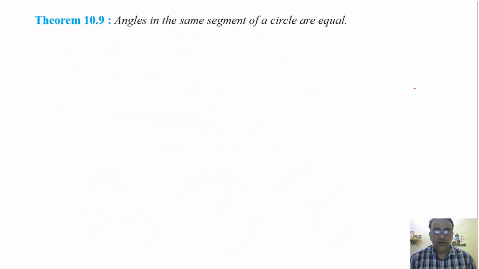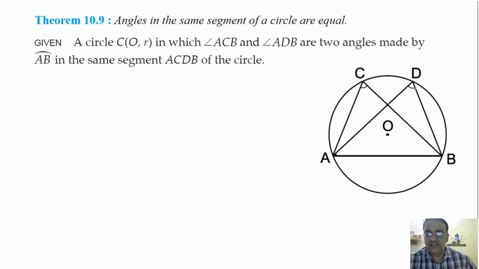No, sir. Yes, sir. Okay, now the extension of that one is the angles in the same segment of a circle are equal. So first see this figure, same segment मतलब ध्यान से देखो, अगर मैं एक कॉर्ड बना रहा हूं यहाँ पे, तो कॉर्ड divides circle into two segments.